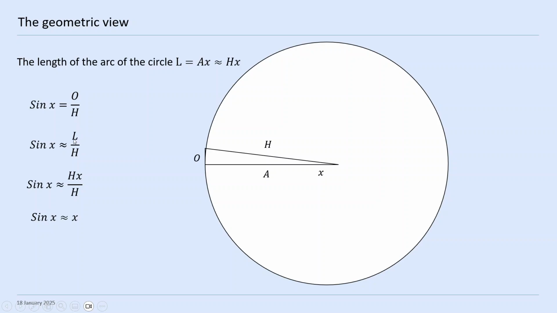But the opposite is very close to the arc of the circle, which we worked out before. Look how they're very similar. So sine x is L over H. And then L, as we showed before, is ax. But ax is almost the same as hx. So we can say that L is hx, so sine x equals hx over h, sine x equals x. It approximately is close to x, similar to x.